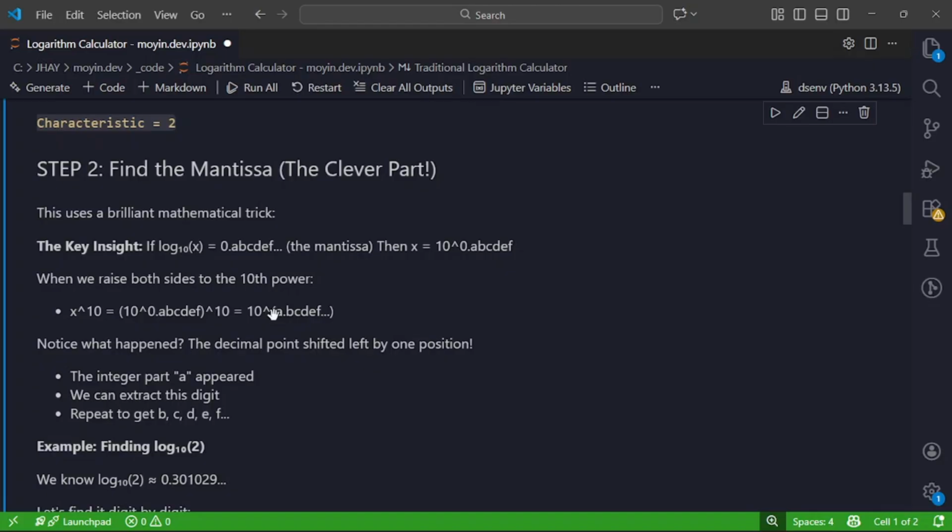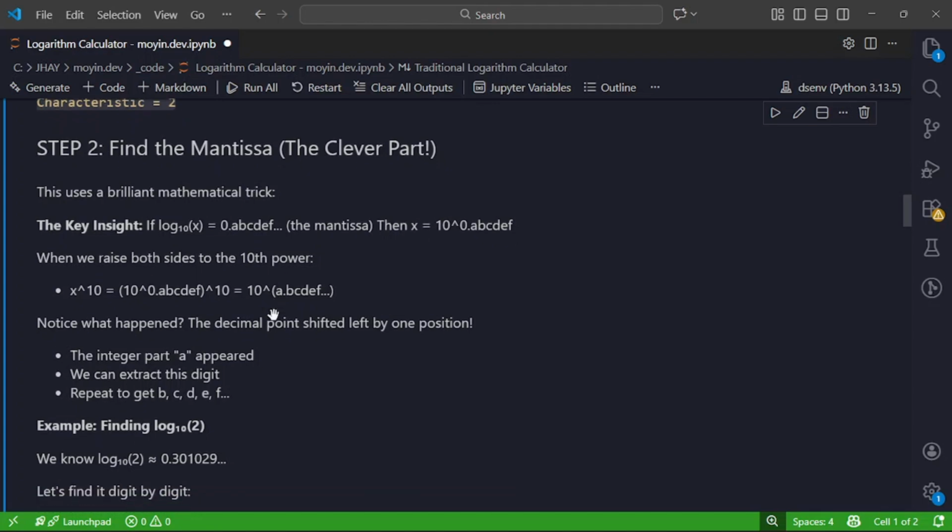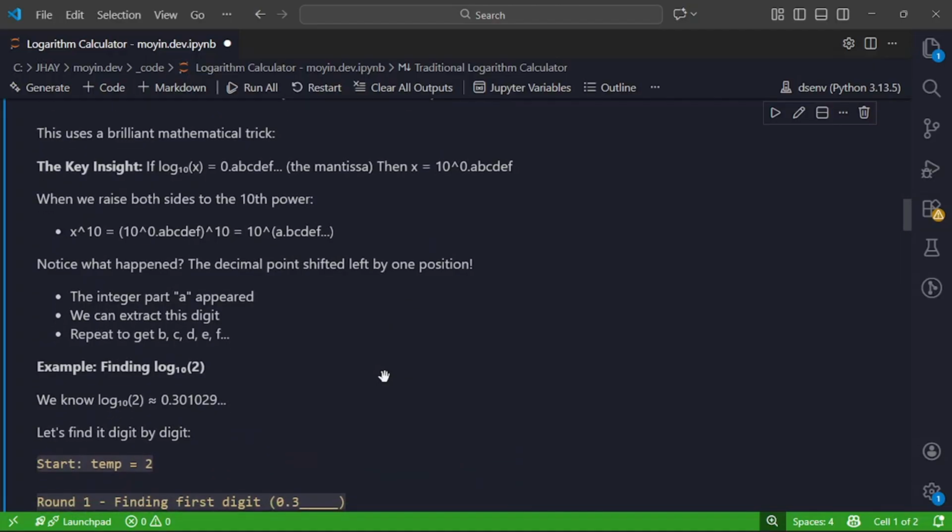So a here is now the number of times x was divided by 10. What now happens is the integer part a appears and becomes the characteristic, as I mentioned. We can extract this digit, and doing an inverse of that gets the initial digit. Don't worry, we will understand.